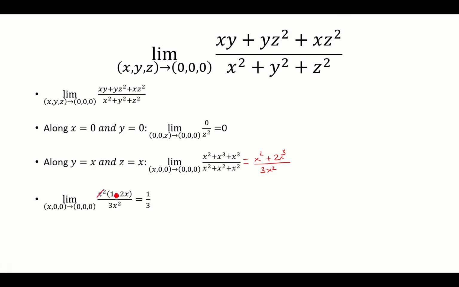The x squared is going to cancel, and if I plug in 0 for x now, this just turns into 1/3 as my limit. And these limits should also be x, by the way, since y and z are both x. So we found two different paths, two different limits, and so we say the limit does not exist.